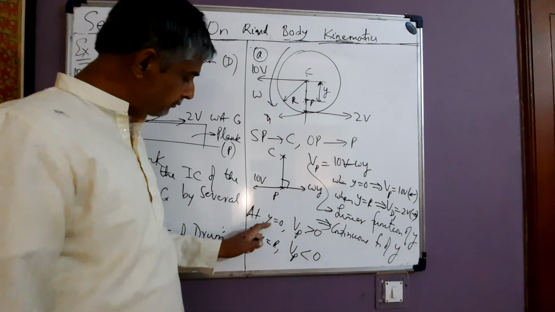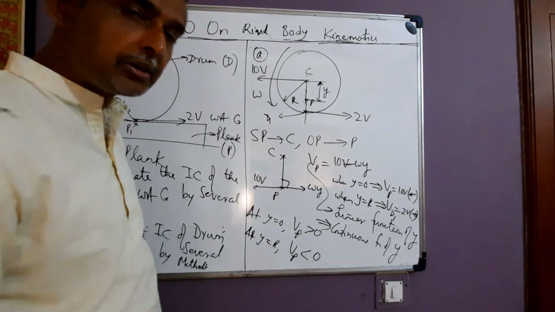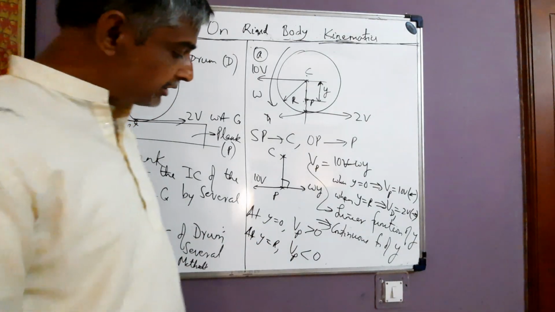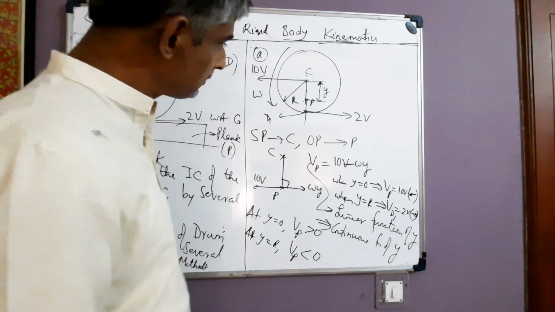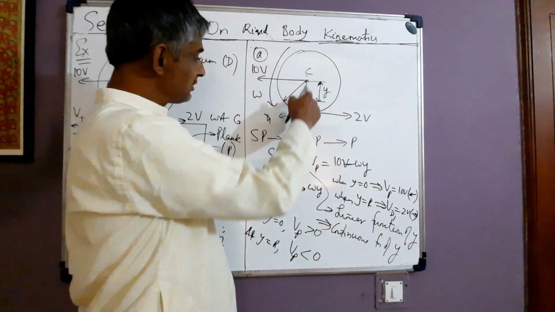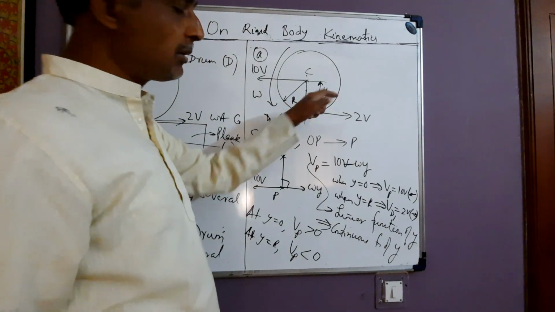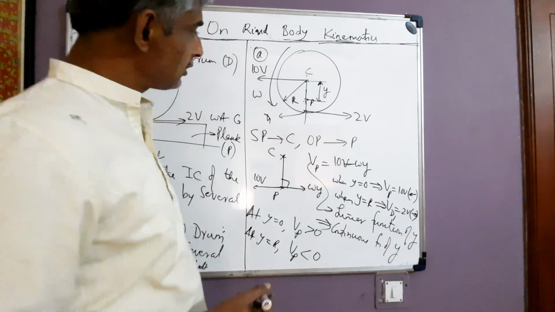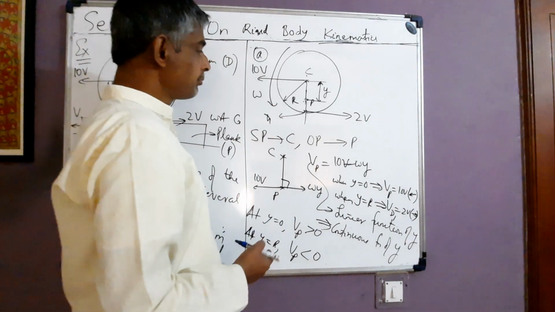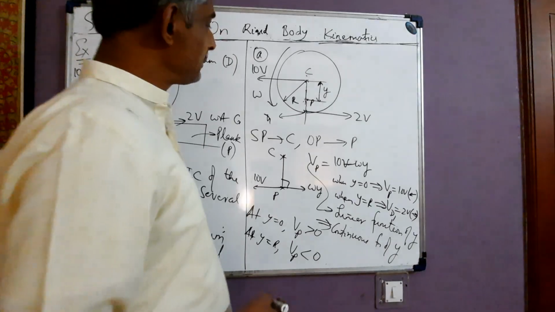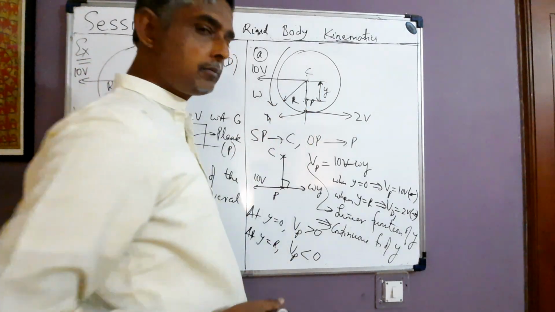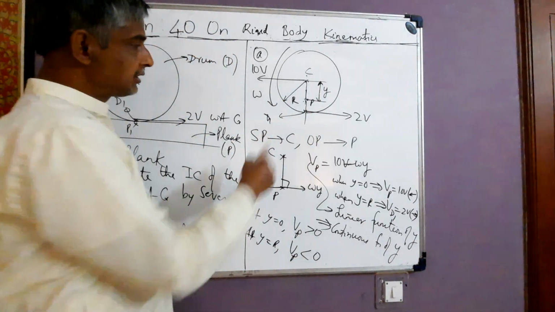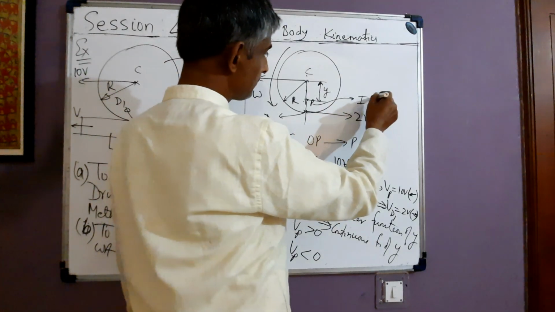The signs of Vp at y equal to 0 and y equal to r are different. So from the intermediate value theorem of calculus, it follows that there exists a point P lying between C and D1 such that Vp becomes 0. And by definition, that is the IC. So the IC of the drum with respect to ground will lie between the point C and D1. Okay, so let this point P be the IC.